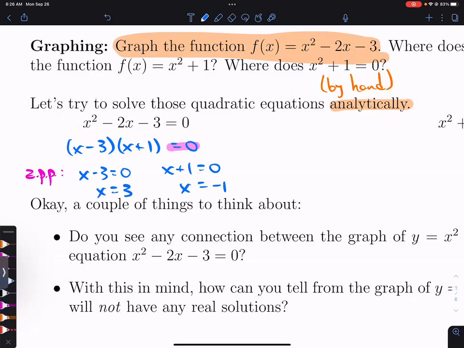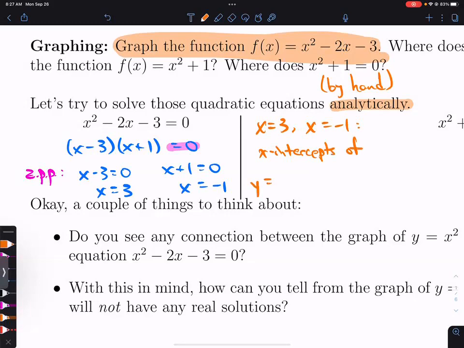That factors, or you can do quadratic formula, but either way, we get 3 and -1 as solutions, right? Which again were the same as the x-intercepts. x equals 3, x equals -1 were the x-intercepts of the function y equals x squared minus 2x minus 3.